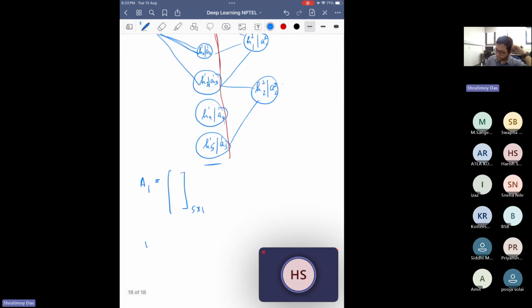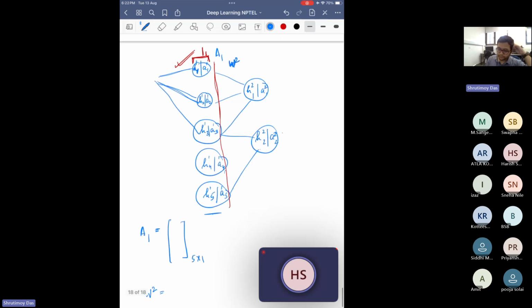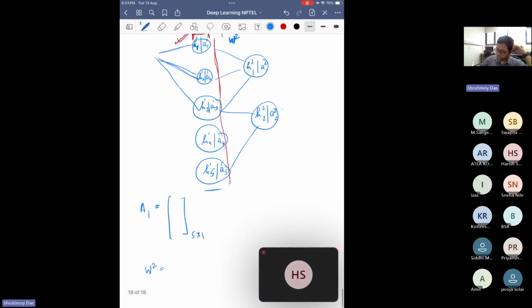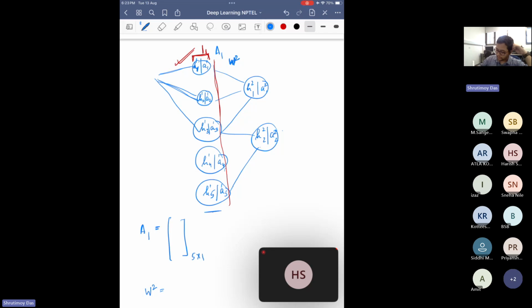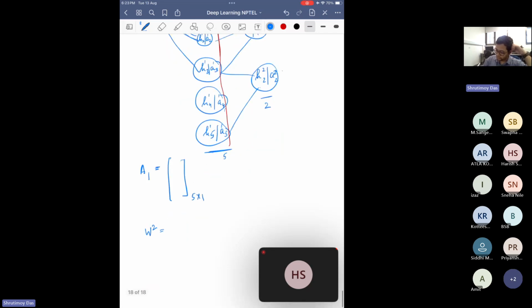What will be the dimension of w2? We need a 2 cross 5 matrix, because we have a 5-dimensional vector here and I want to go to 2 dimensions. So w2 will be of size 2 cross 5.